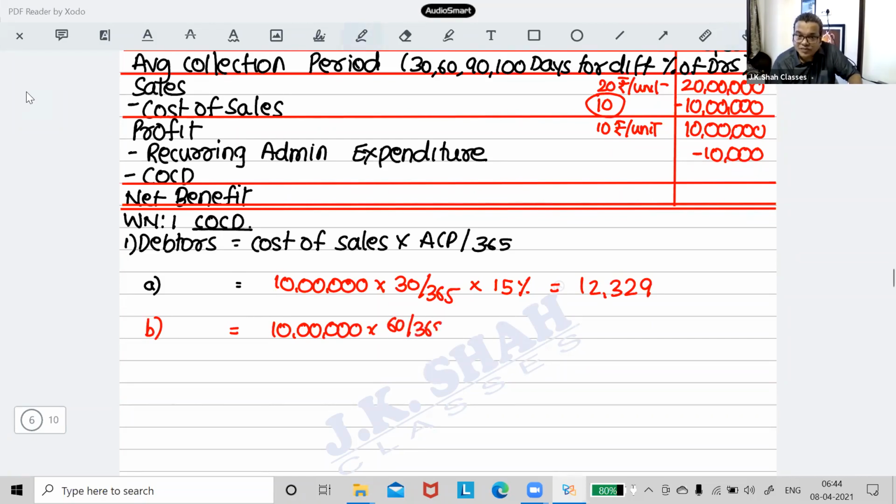Correct? But sir, 60 days credit I don't give to all 10 lakh people, sir. Only how much percent? 25%. So 10 lakhs, 25% would be 2 lakh 50. So to the debtors of 2 lakh 50, I give 60 days. It comes to 41095.8. So 41096.